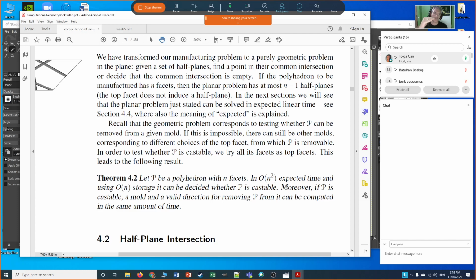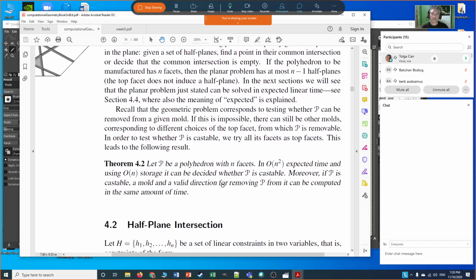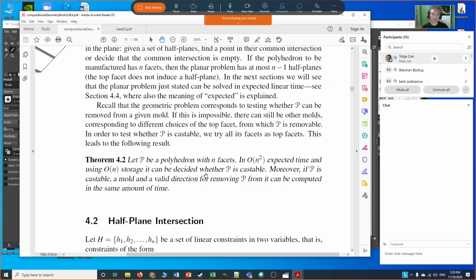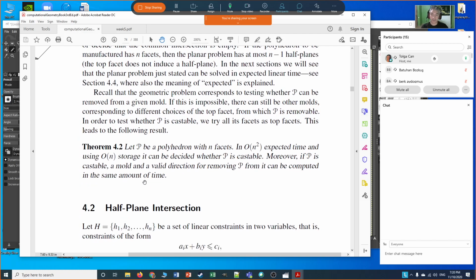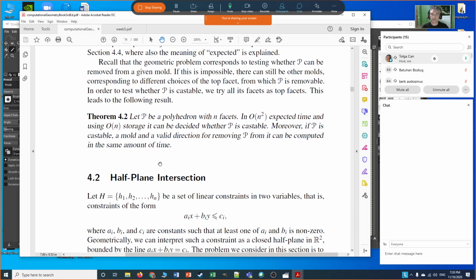So all the faces are tried one by one, and that makes in total O(n) times expected O(n), an expected O(n) square time algorithm. So it can be decided whether the polyhedron is castable in O(n) square time. If it's castable, the algorithm also results in a mold and a valid direction for removing the polyhedron from the mold, computed in the same amount of time.